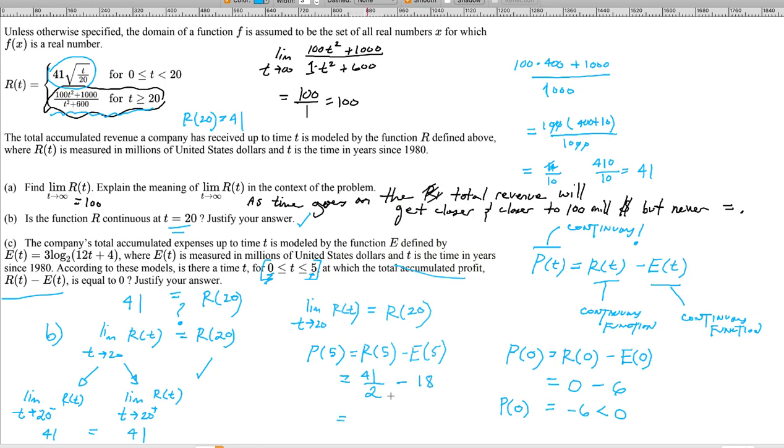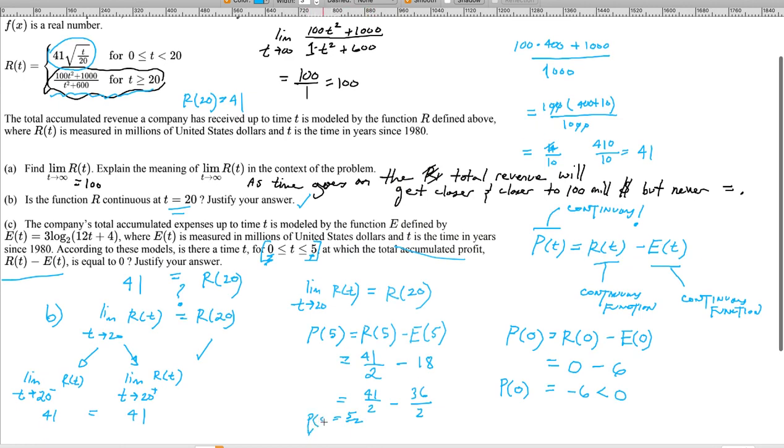And now I don't know what this is, but whatever 18 over 1 is going to be, what? 36 over 2? Yeah, 36 over 2. And 41 over 2 minus 36 over 2 is 5 over 2. And the key thing here is that 5 over 2 is greater than 0. So I basically have this inequality. I have that p of 0 is less than 0, and p of 5 is greater than 0.